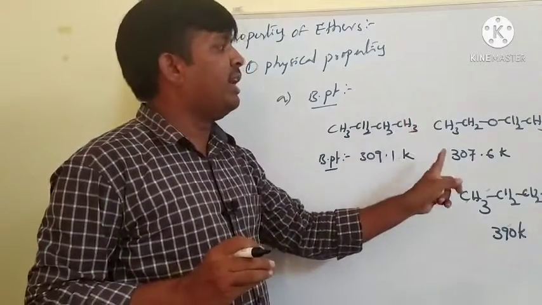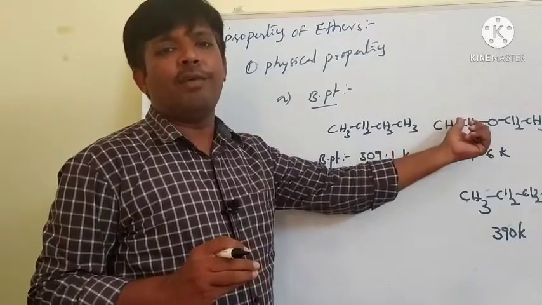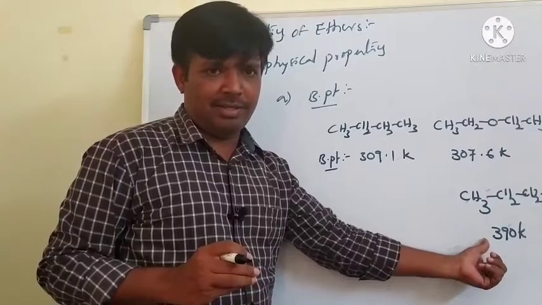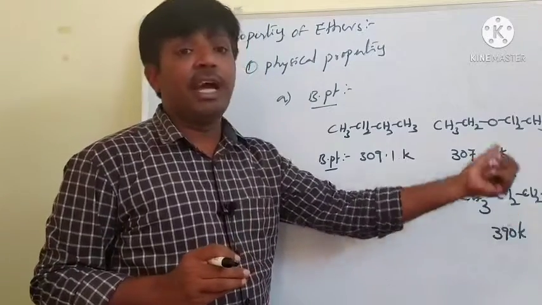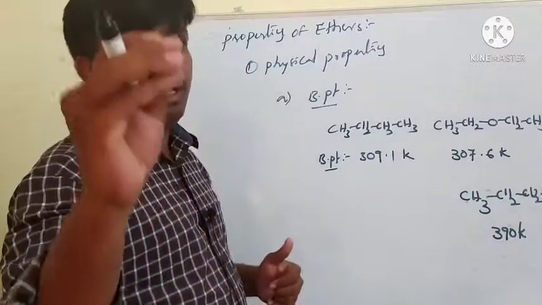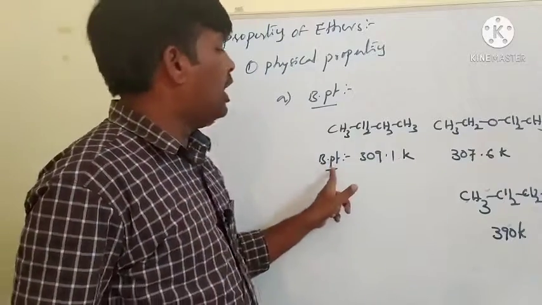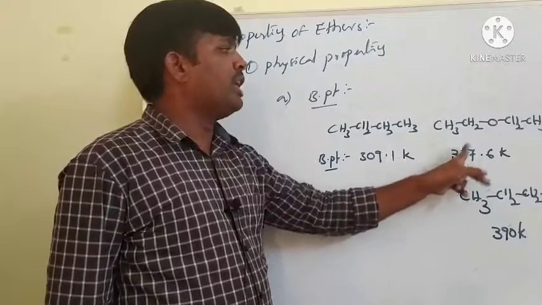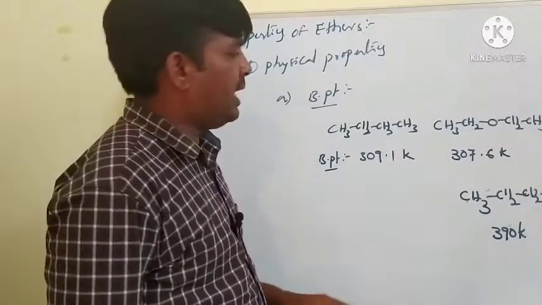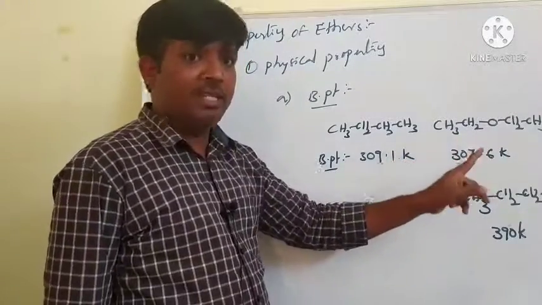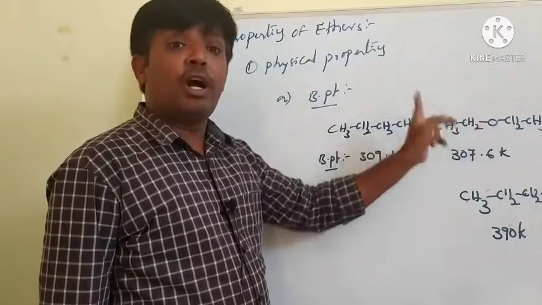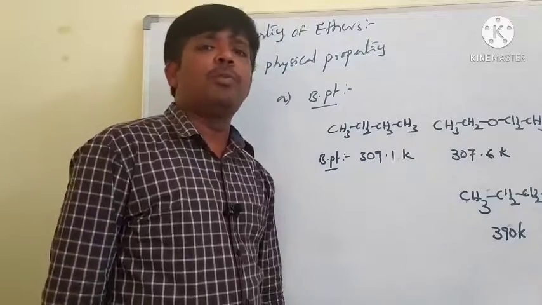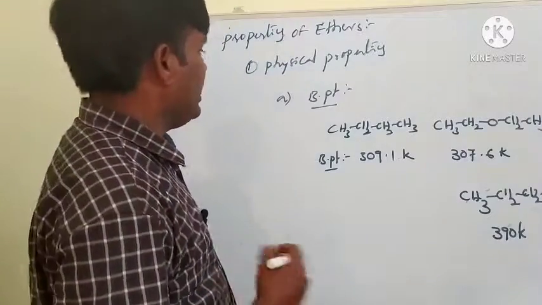That is the reason why ethers have a low boiling point when compared with alcohols. Alcohols have intermolecular hydrogen bonding, due to which the boiling point is very high in alcohols and very low in ethers. That means dipole moment does not affect the boiling point of ethers. Okay, that is the boiling point.